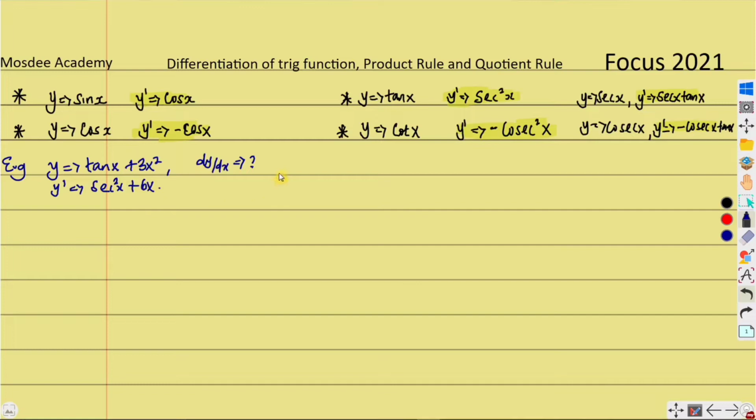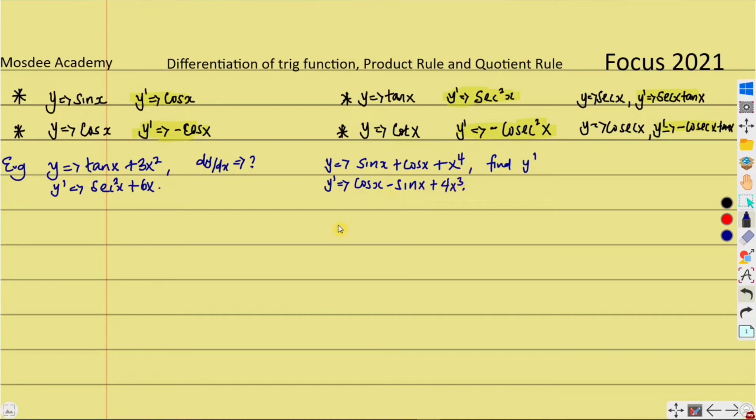Again, we can consider another one for quick understanding. If we have y equals sin x plus cos x plus x to the 4th power, then the examiner asks you to find y prime. Now y prime, which is the same thing as dy/dx, directly, for the trigonometric functions, sin x is cos x, cos x is negative sin x, and x to the 4th power is the same thing as 4x to the 3rd power.